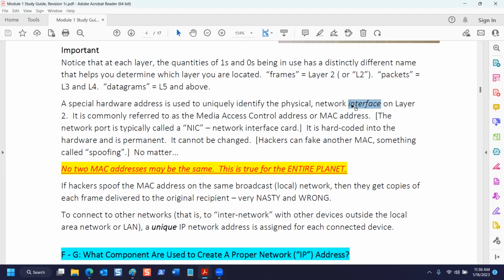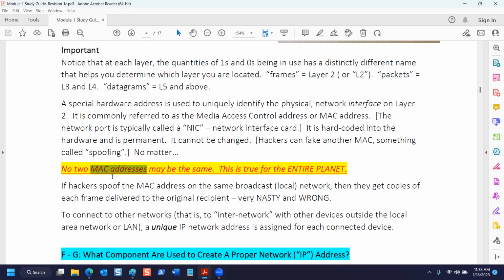Without that essential identification, you can't get anywhere. And one thing that's really important to understand is that MAC addresses are supposed to be unique. There can never be two MAC addresses of the same value for any network device on the entire planet.